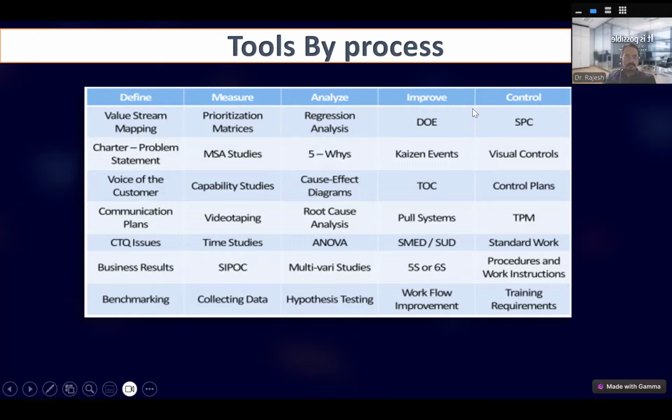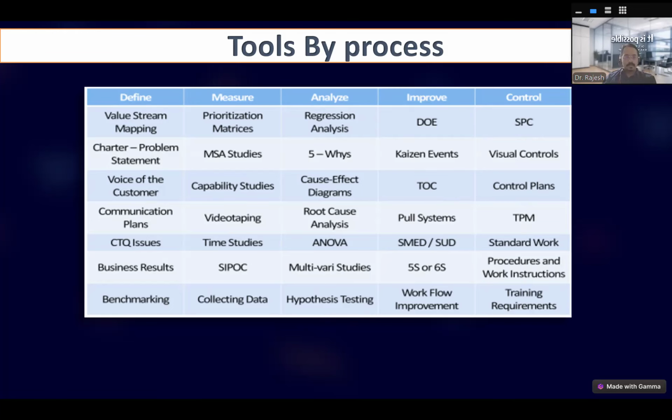And coming to improve: DOE, Kaizen events, TOC, pull system, 5S, which we discussed, and workflow improvement. And coming to control, we saw what is SPC, visual control, control plan, TPM, standard work, and then training requirement. These are some of the tools available in each phase of the DMAIC methodology.